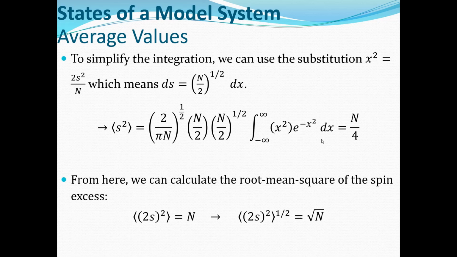Another time you see root mean square is RMS velocities, root mean square velocities, when dealing with gases, once again as a usable value for the gas. Here, it's just relating to the spin excess, and it ends up equaling this root n term.